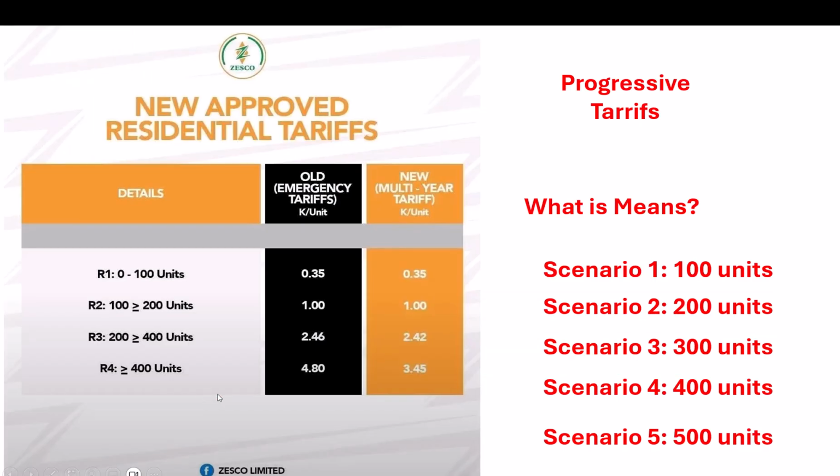We also talked about in the next phase, we look at the different scenarios. So today we look at the scenarios for 100 units, 200 units, 300 units, 400 units, and 500 units.